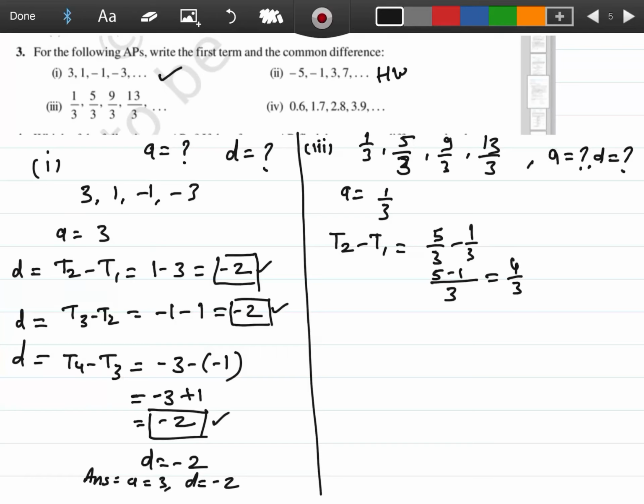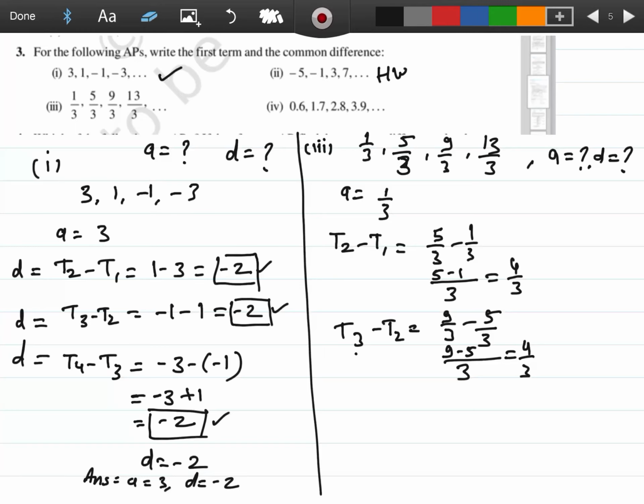That is 4 by 3. T3 minus T2. So 9 by 3 minus 5 by 3. Term 3 minus term 2. So the difference between these two terms is 9 minus 5, that is 4 by 3.